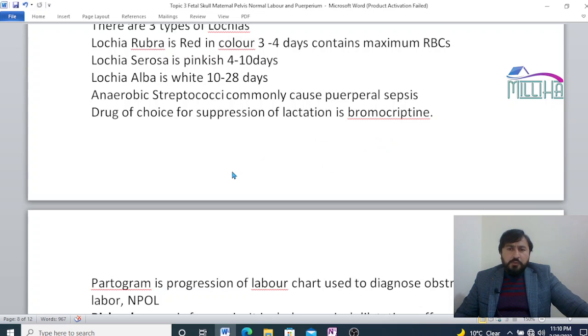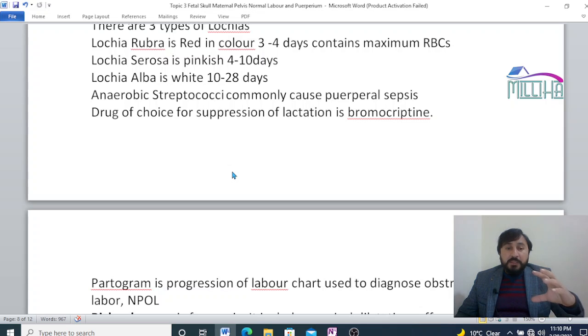So if you want to artificially suppress the lactation, that you should stop the milk of the woman. Okay, so in that case, you will provide a drug named bromocriptine. Why should you suppress the milk or the lactation?